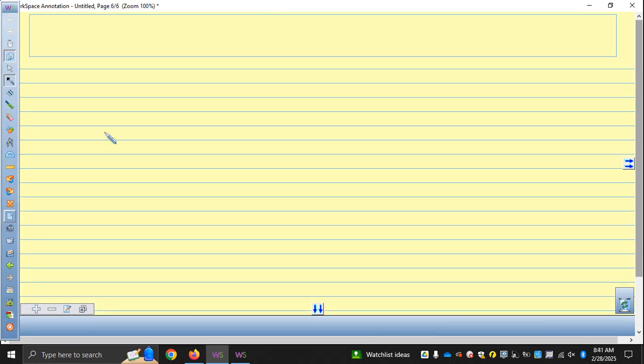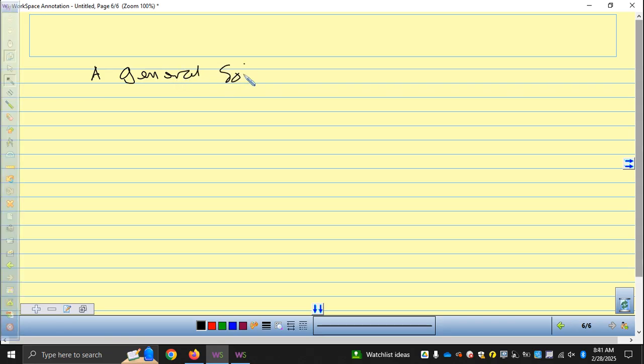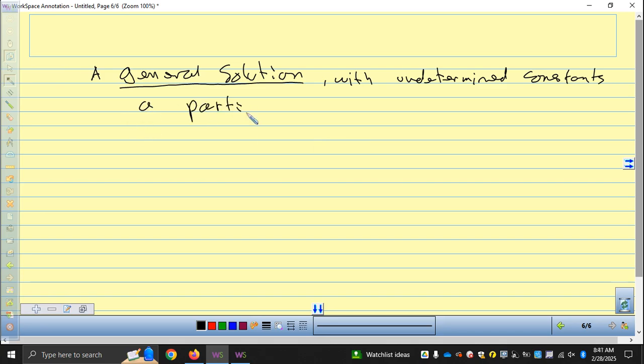Just like a single differential equation, we can find general solutions, and a general solution is going to contain constants. And a particular solution has no constants.